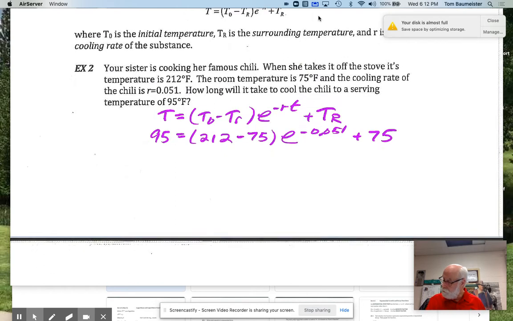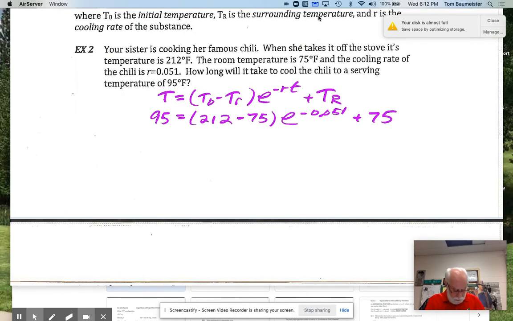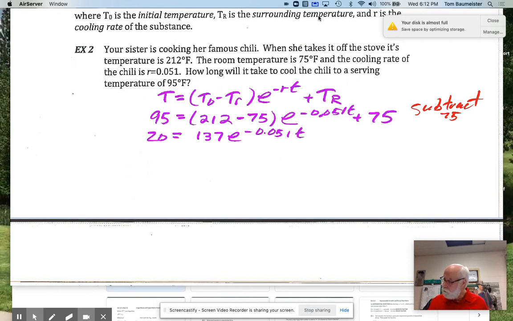Okay. So now, first thing we'll do is subtract 75. When I do that, I'll get 20 is equal to, well, we can go ahead and do 212 minus 75 by ourselves. That'll equal 137 times e to the negative 0.051 t. I forgot to leave the t up there. All right.